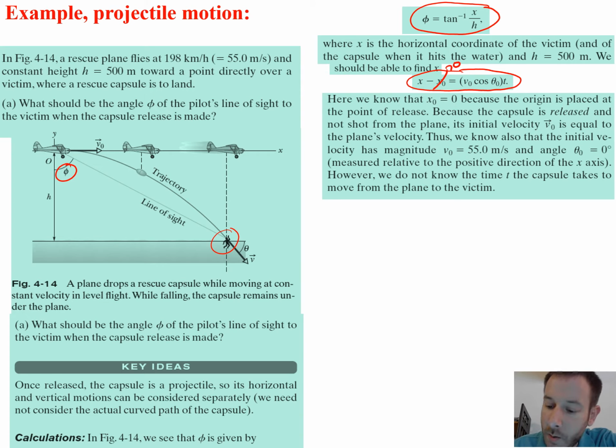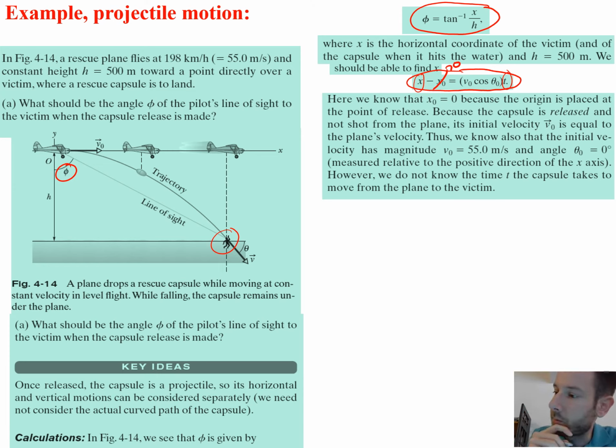So we know also that the initial velocity has a magnitude of 55 meters a second and an angle theta naught equal to 0, measured relative to the positive direction of the x-axis. But we don't know what the time is, and it turns out that we'll have to use the y components to find out what the time is. We have a little more information on the y side, so we can find the time there.